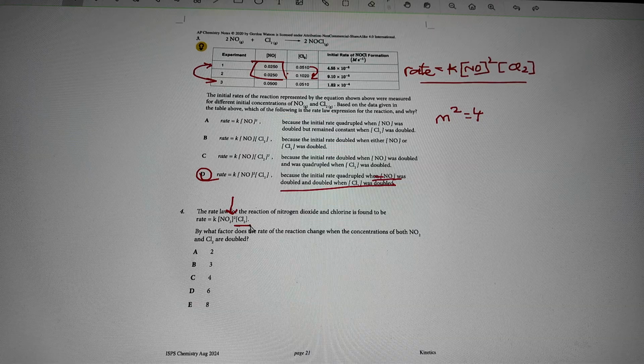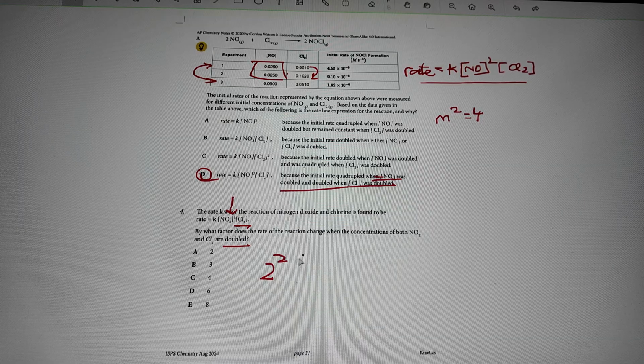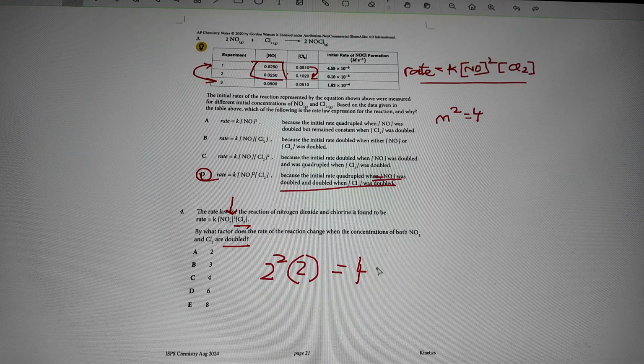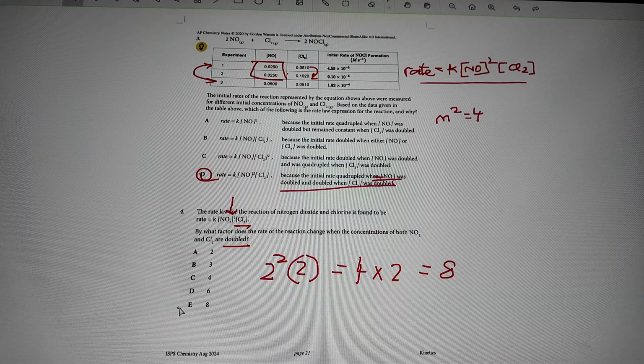So if both are doubled, right? If you double something with a factor of 2, and the other thing would just double, you have 4 times 2, and it would multiply by 8.